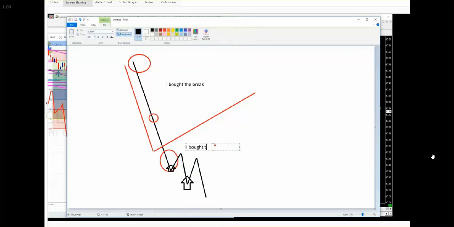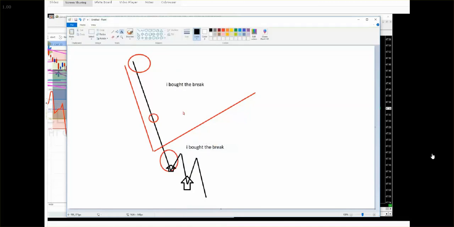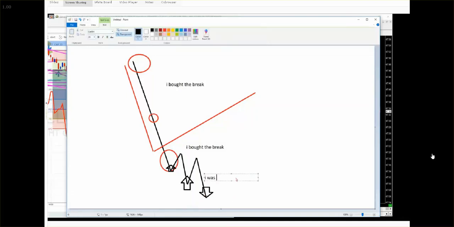And then when it comes in the third time, then obviously what generally happens is they sell the break. Okay? I sold the break. In other words, stops were sprung, they puked their position, and that's how the old-timers came into the marketplace.